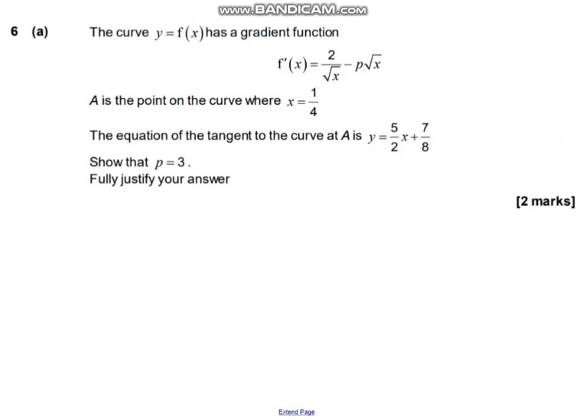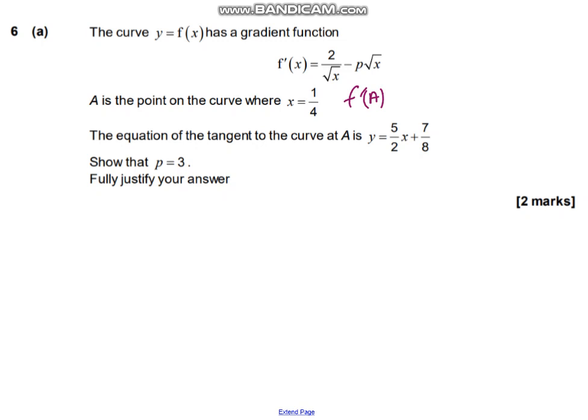Okay, and question 6 now. So we've got the curve f(x) as a gradient function, and A is a point on the curve. Show the equation of the tangent is here, show that p equals 3. So we've got A as a point on the curve. Let's evaluate the gradient function at that, so f dashed of a, just substituting a quarter into this.